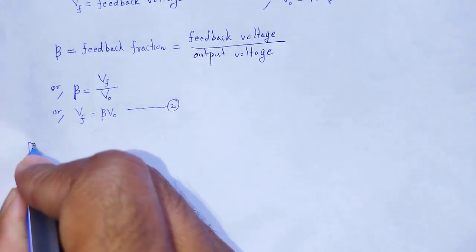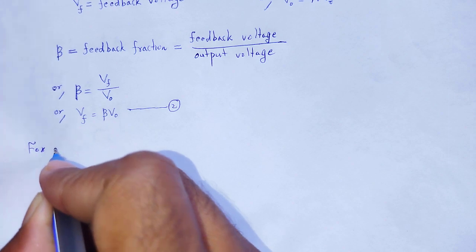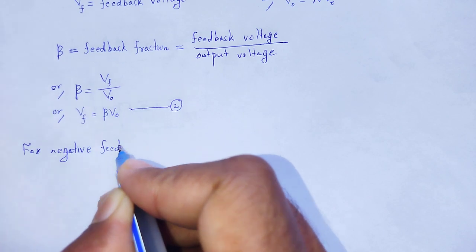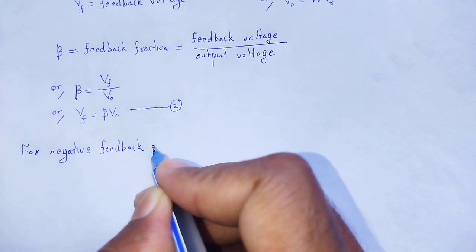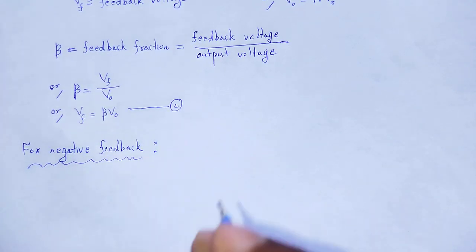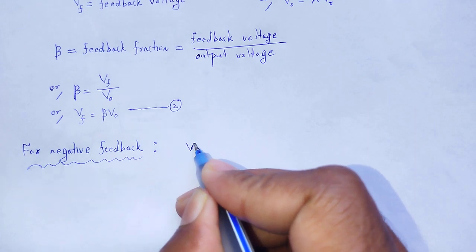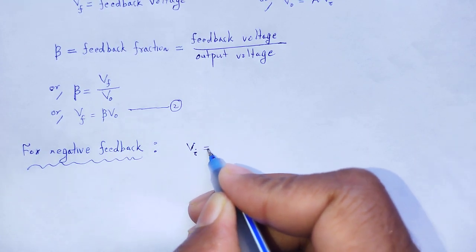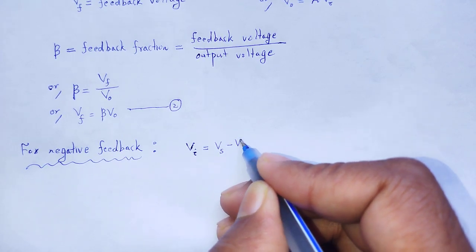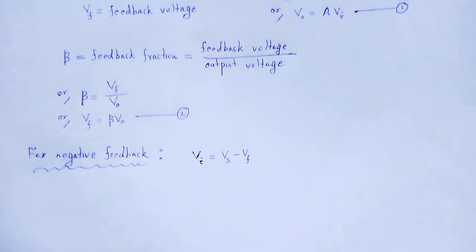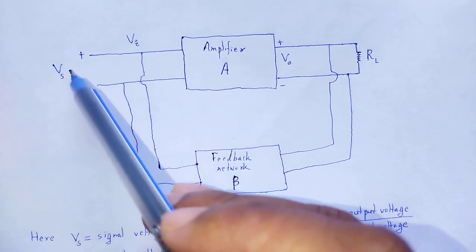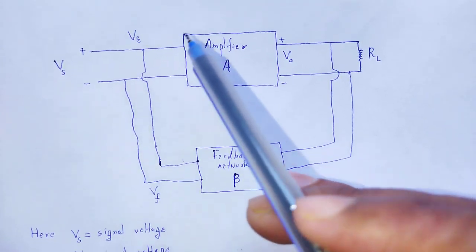For negative feedback, the input voltage Vi is equal to the signal voltage minus the feedback voltage. The feedback voltage is subtracted from the signal voltage in order to find the input voltage.